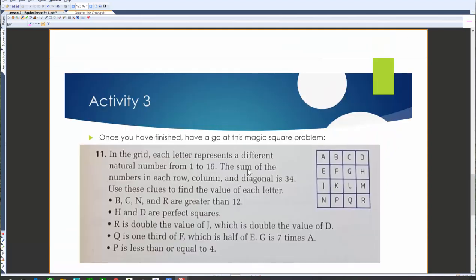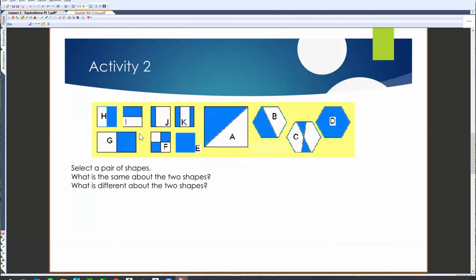Right, the second activity that we'll do today is we'll look at this picture here, and what we want to find is what's the same about the two shapes when we select a pair of shapes and what's different about the two shapes. Okay, so you might, for example, take J and K, this one and this one.